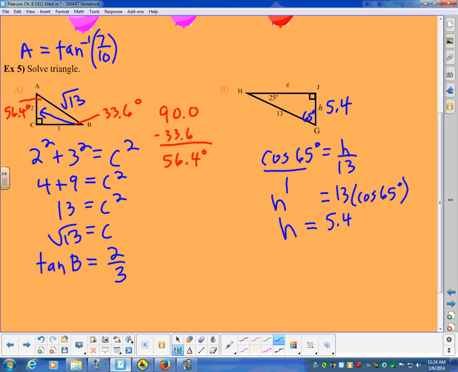It's the opposite side. So it's sine of 65 equals opposite over hypotenuse.